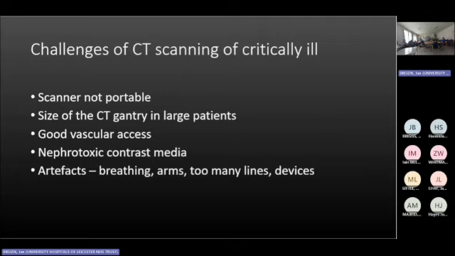Mind you, we're sometimes injecting dense contrast at 5 milliliters per second. So it's a massive flow. If that central line can take it, I think the PICC probably can do that. We can use it.